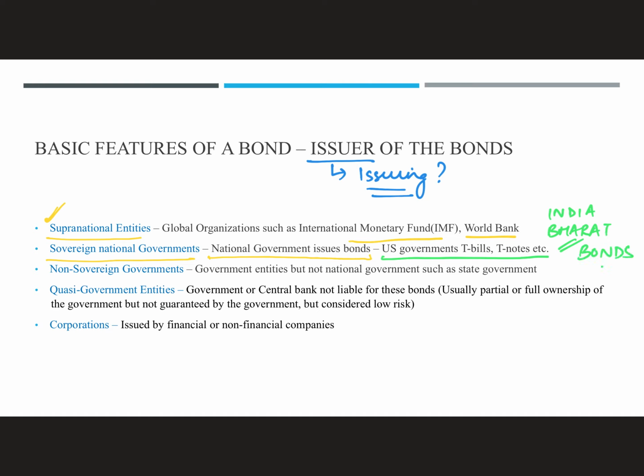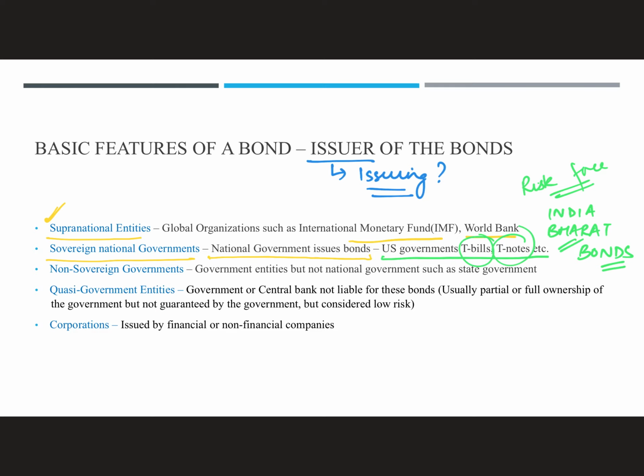So these type of bonds are backed by the guarantee of the national government, and hence are considered relatively safe. And in most cases, like in the case of the US, these kind of bonds are considered risk-free, because for these bonds to not pay out, the entire US government will have to fail, which is highly unlikely. Hence, these kind of bonds are called risk-free bonds.